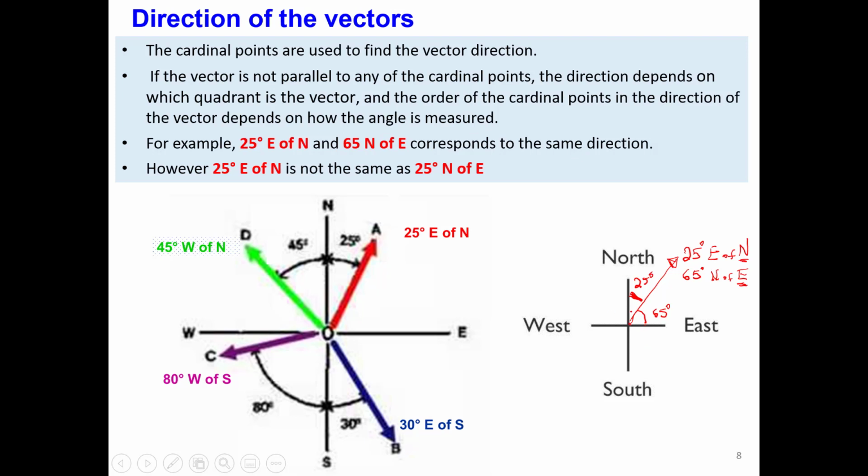And we can give the direction of this vector either this way or this way. But we need to be careful because 25 east of north is not the same as 25 north of east. They are not the same.